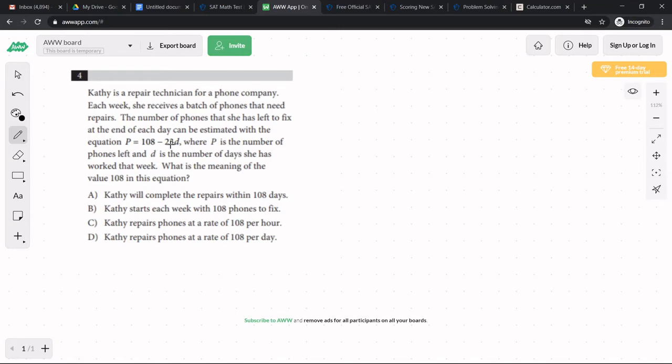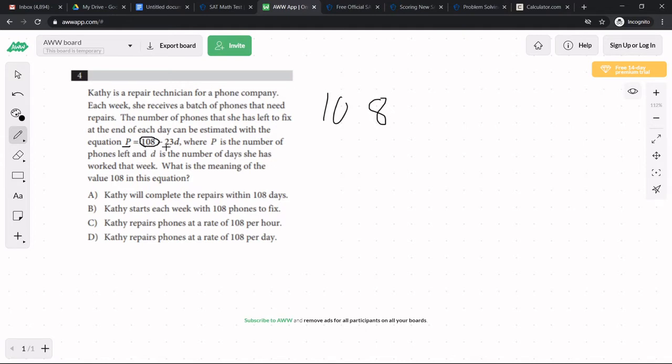Each day she fixes 23, right? So the number of phones goes down by 23 every day, and P is the number she has left. So once we look at this equation, it's pretty simple to realize that 108 is the total number of phones that she has to repair beginning every week.